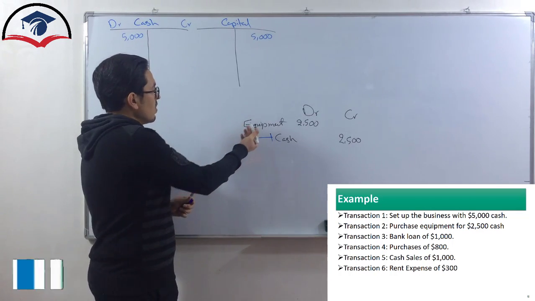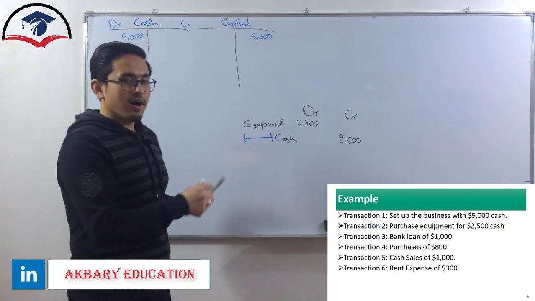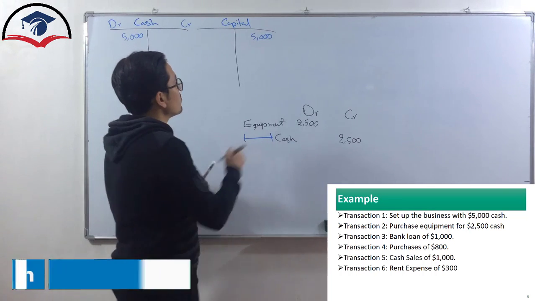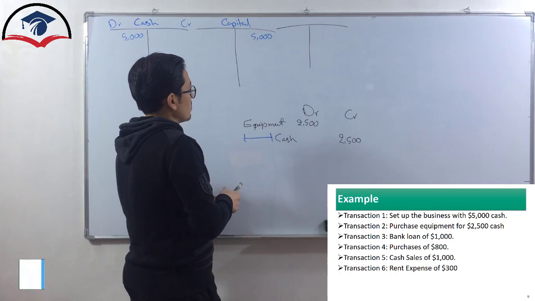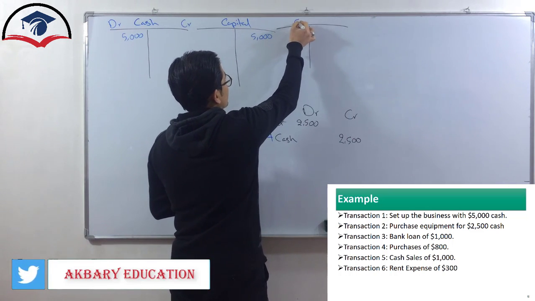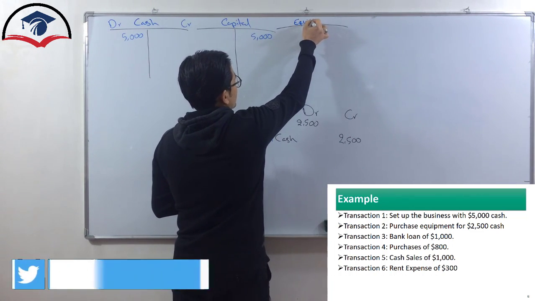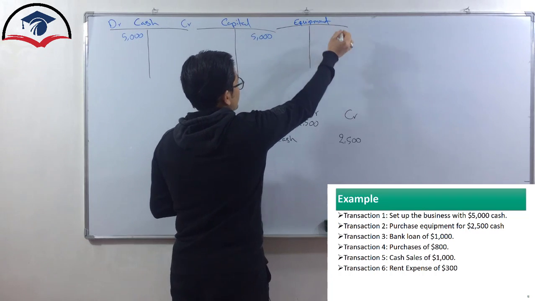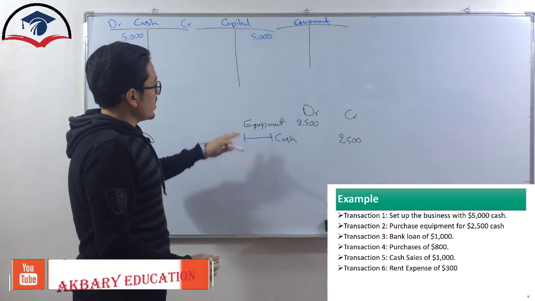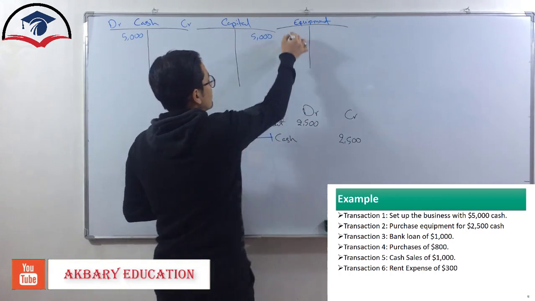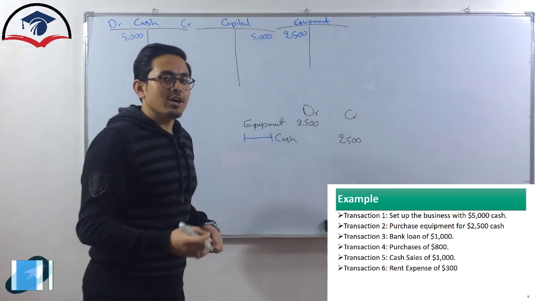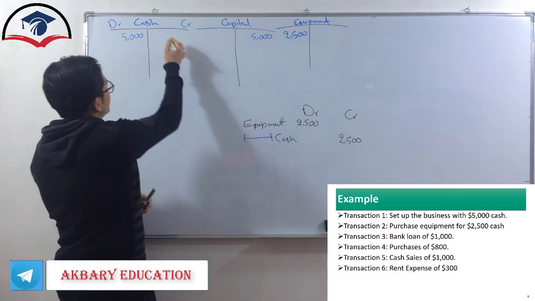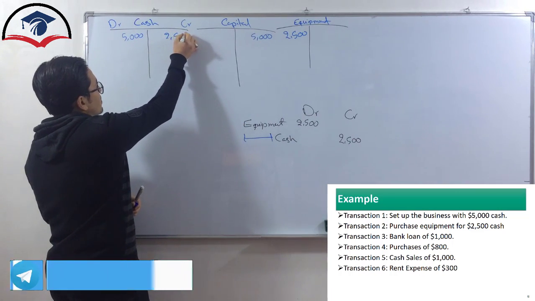This is it. Oh, I need another extra account as the name of equipment. So I will draw that. Equipment has been debited for $2,500, and my cash has been credited for $2,500.